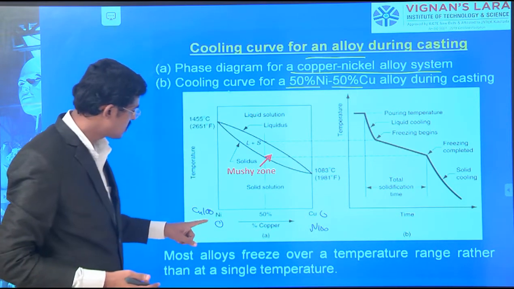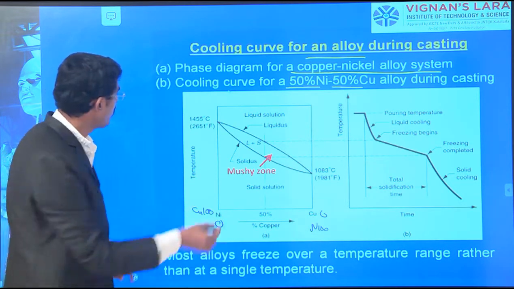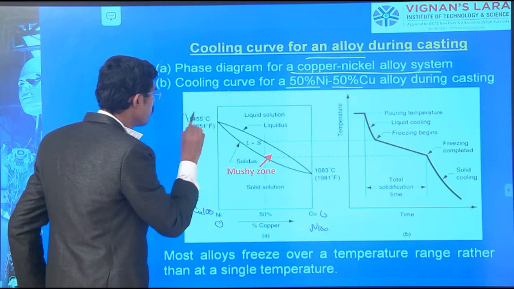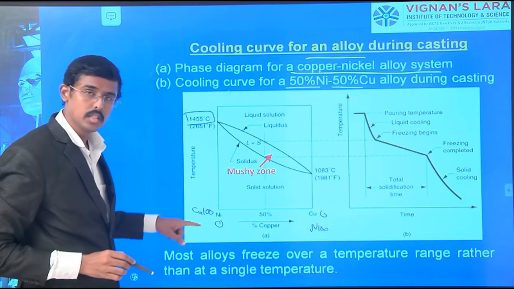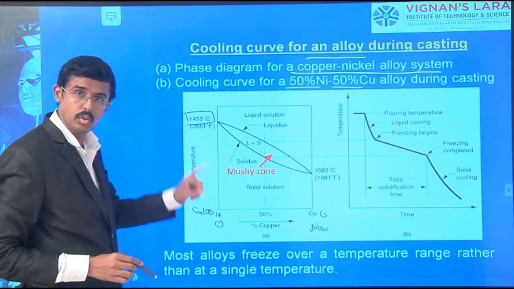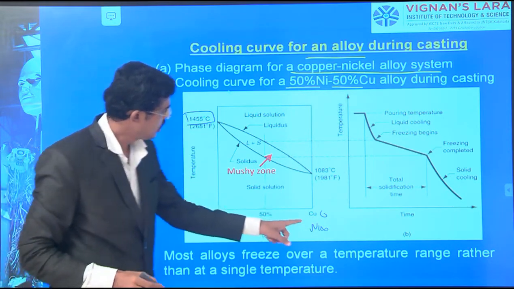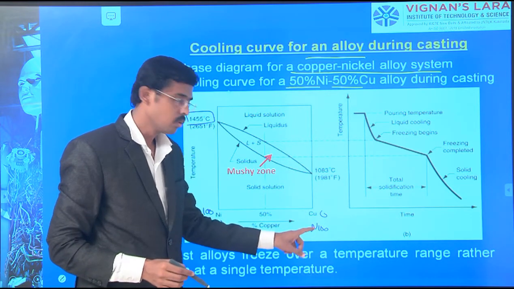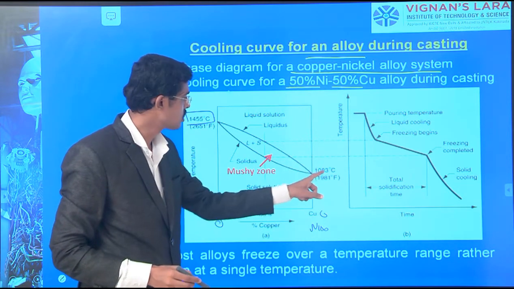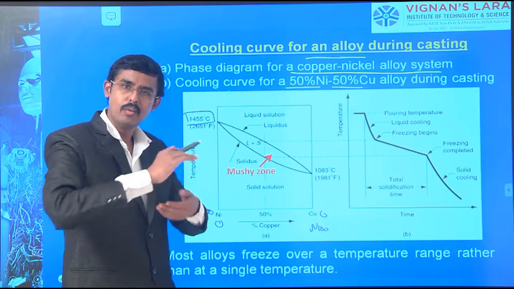So here 100% copper is at its melting point. We have around 1455. The pure copper cools at a single point, 1455. Similarly, 100% nickel cools at a single point of 1083 degrees centigrade. In the middle, what happens?